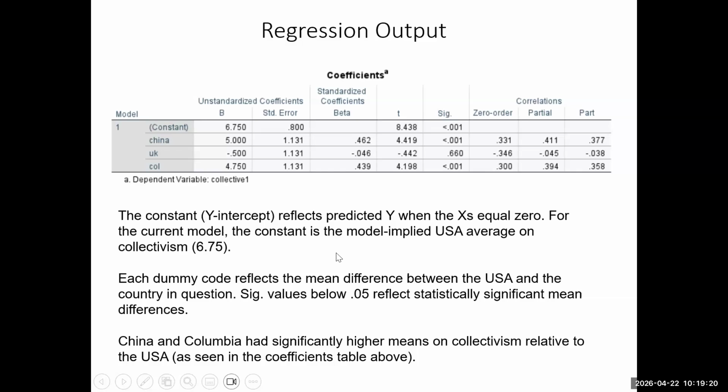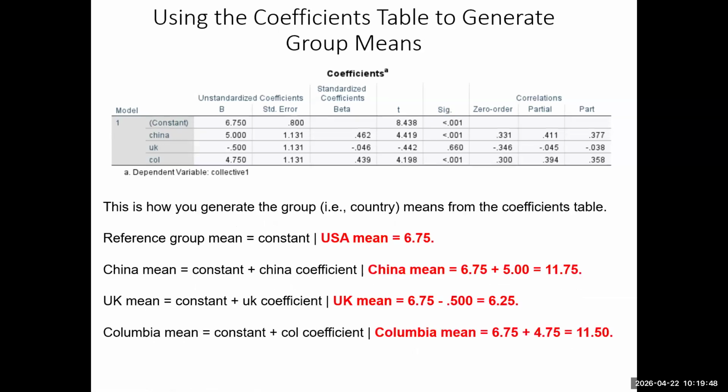So you might remember that that is true for the reference group only, and so the y-intercept captures the model implied average on collectivism for the USA group, and in this case it happens to be 6.75 because each dummy code reflects the mean difference between the USA and the country in question. We can use those codes to solve for the mean in that country, which I present explicitly on the next slide.